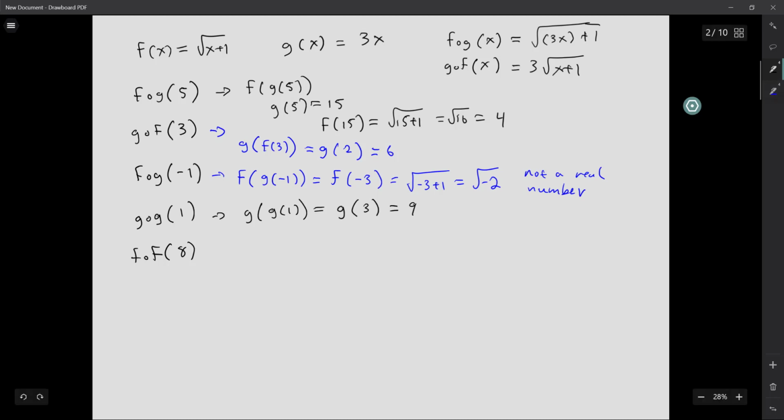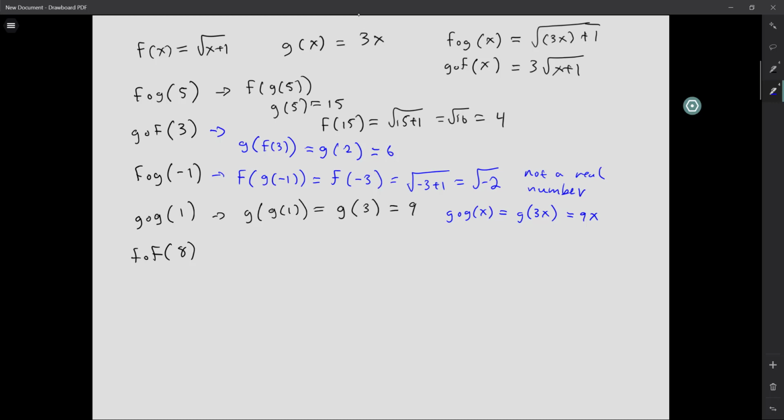In fact, if you were to compose these, g of g of x, we would have gotten g of 3x, which would work out to 9x. Because if we look at what g of x is, it's a function that takes x and just simply multiplies it by 3. So if I compose it with itself, then I end up multiplying it by 3 twice.